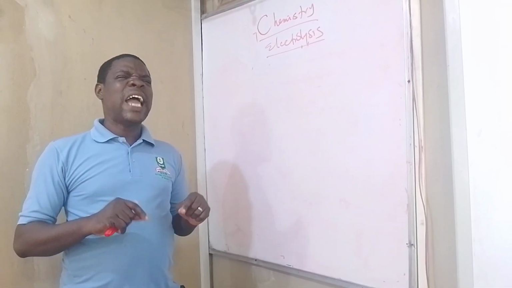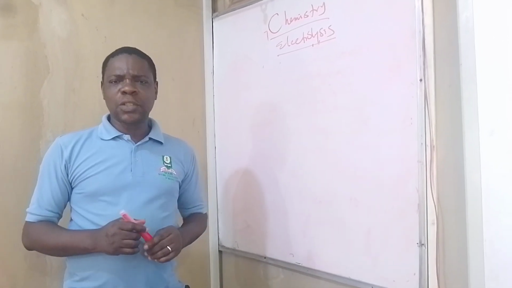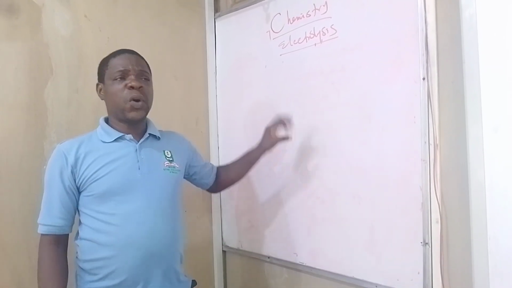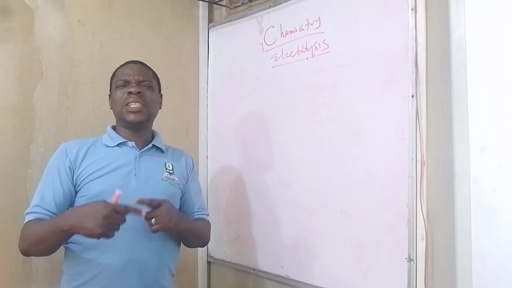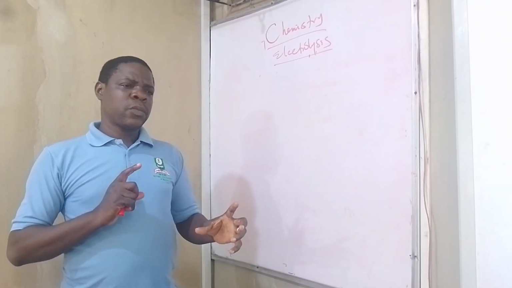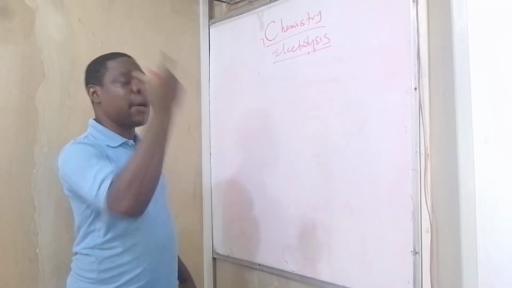It does not have the energy. Energy must be supplied in the form of electric current into the electrolyte for the electrolytic process to happen. So the supplied energy is used to drive the entire process.